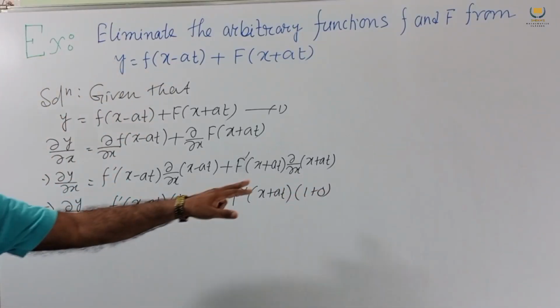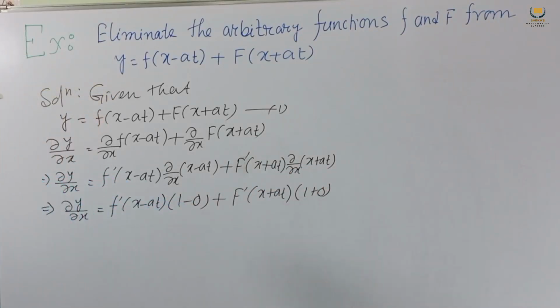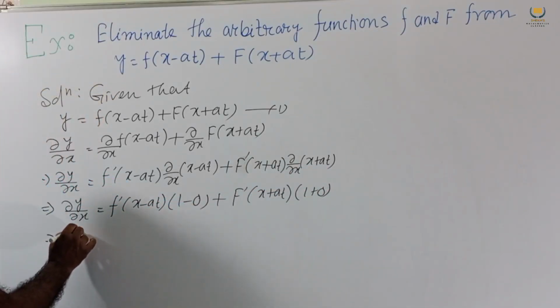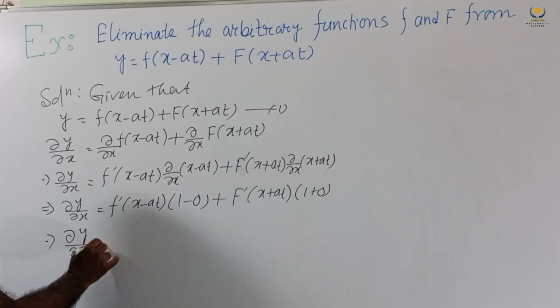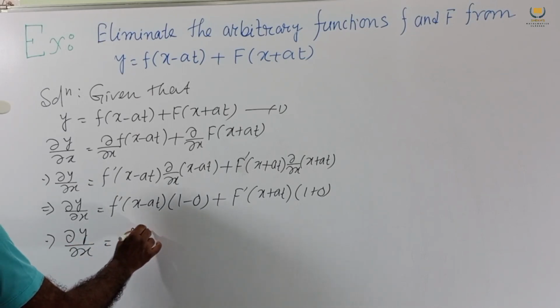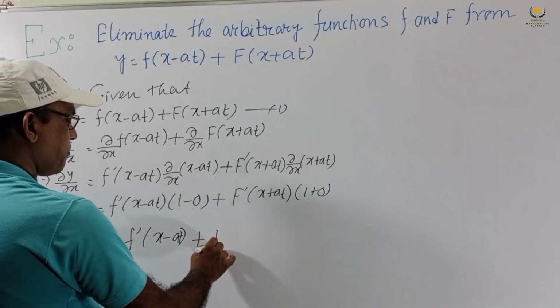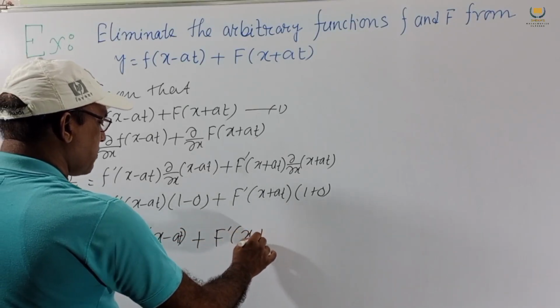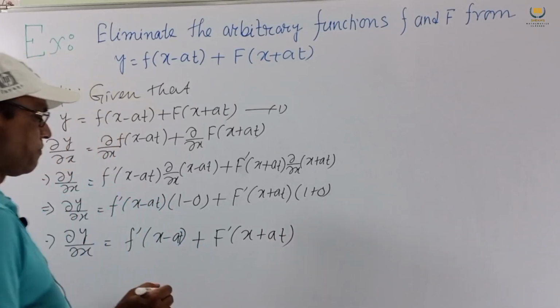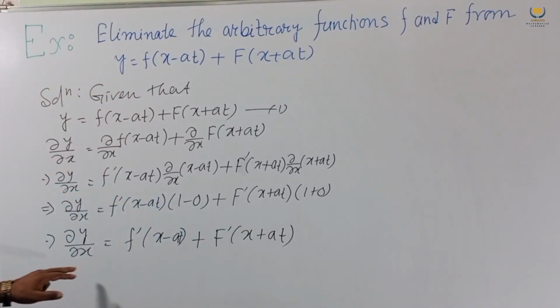We get ∂x/∂x = 1, and the other term is a constant, 0. So ultimately we get ∂y/∂x = f'(x − at) + F'(x + at). We get this. Now again we differentiate with respect to x.